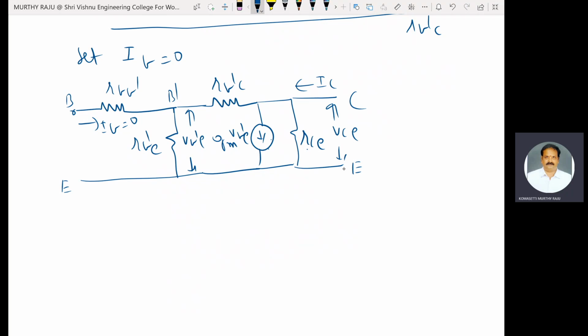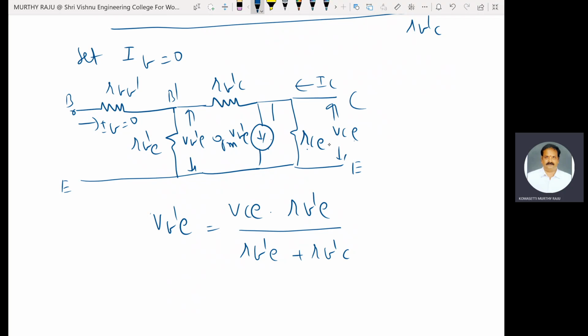Now calculate VB dash E. The total voltage applied to the circuit is VCE, and VB dash E is the voltage across RB dash E. That is the reason we multiply by RB dash E by the sum of RB dash E plus RB dash C.